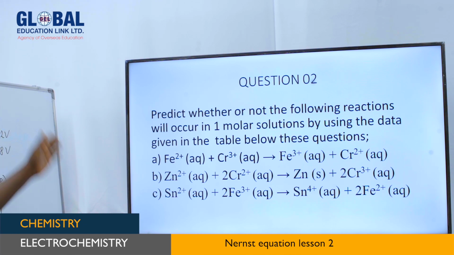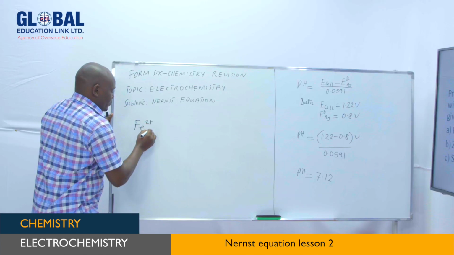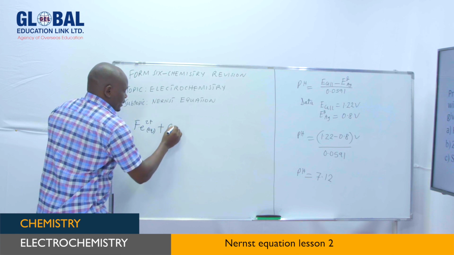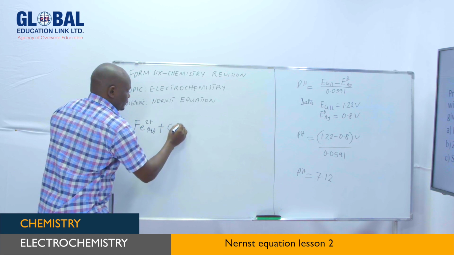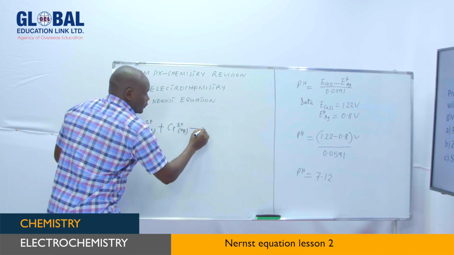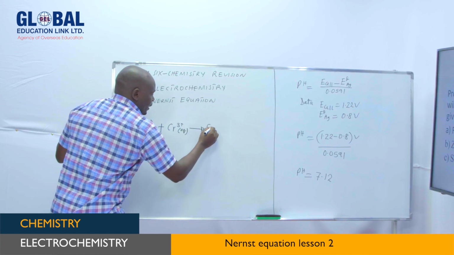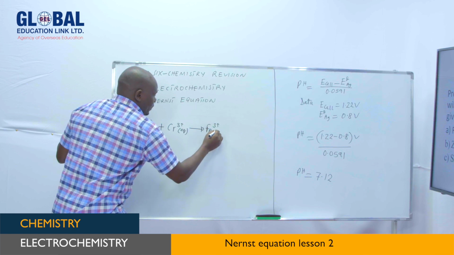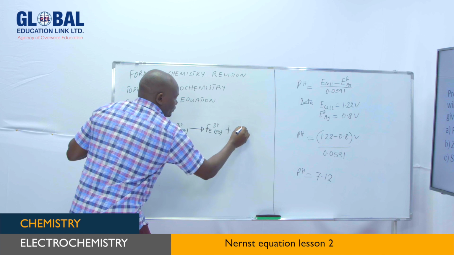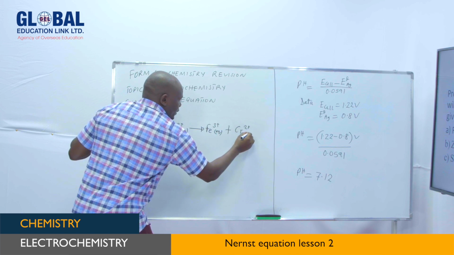So the given equation is iron 2 aqueous that reacts with the chromium 3 aqueous, then to form iron 3 aqueous and the chromium 2 aqueous.